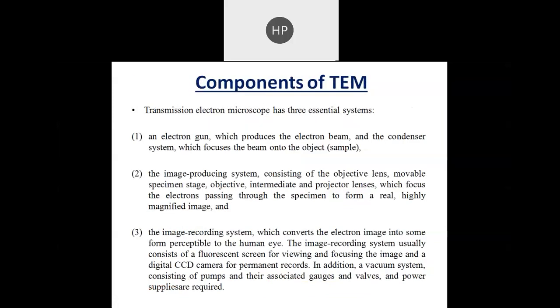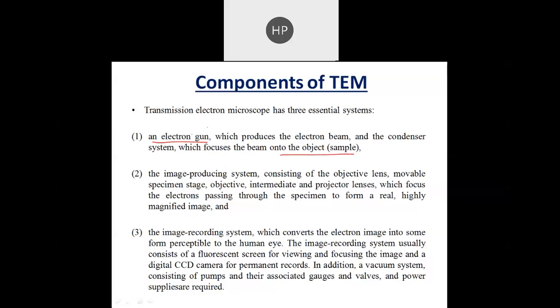Now the components of the transmission electron microscope. It generally has three components. The first one is the electron gun, which produces the electron beam, and there is a condenser system which focuses the beam onto the sample.